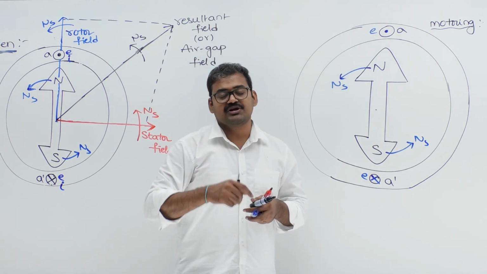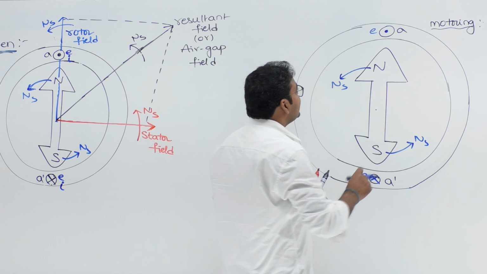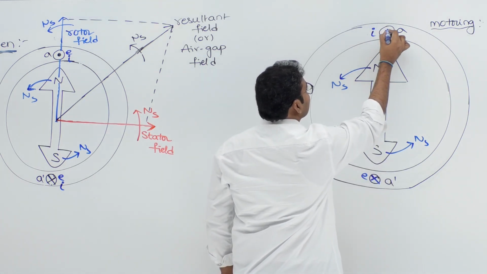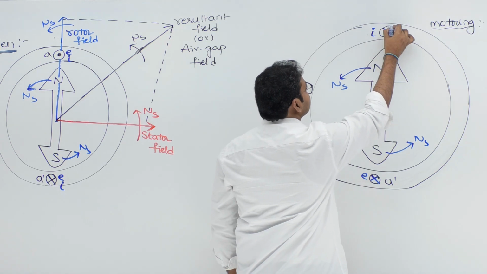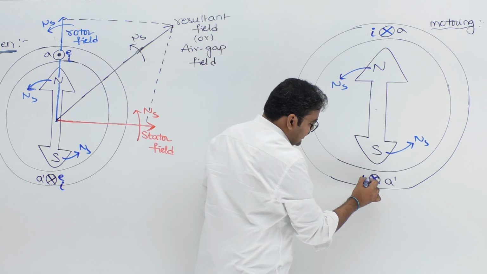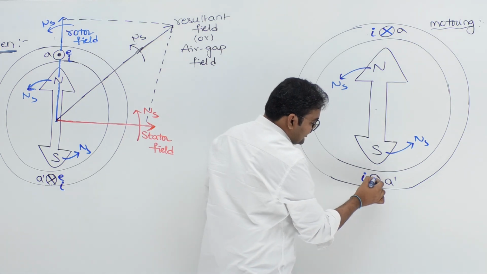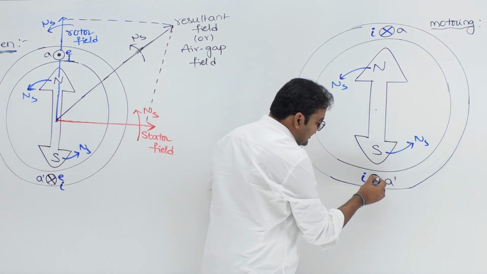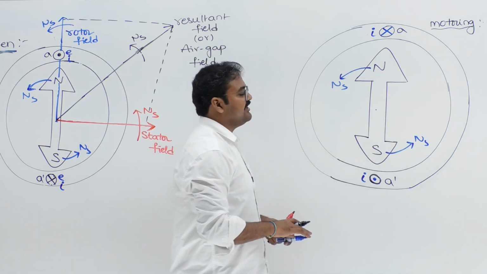Current will be opposite to the direction of EMF. So therefore, if EMF is a dot polarity, current polarity becomes cross polarity. Here, if EMF is a cross polarity, current polarity becomes dot polarity. Yes or not? Now, we got the polarity of the current carried by stator winding.